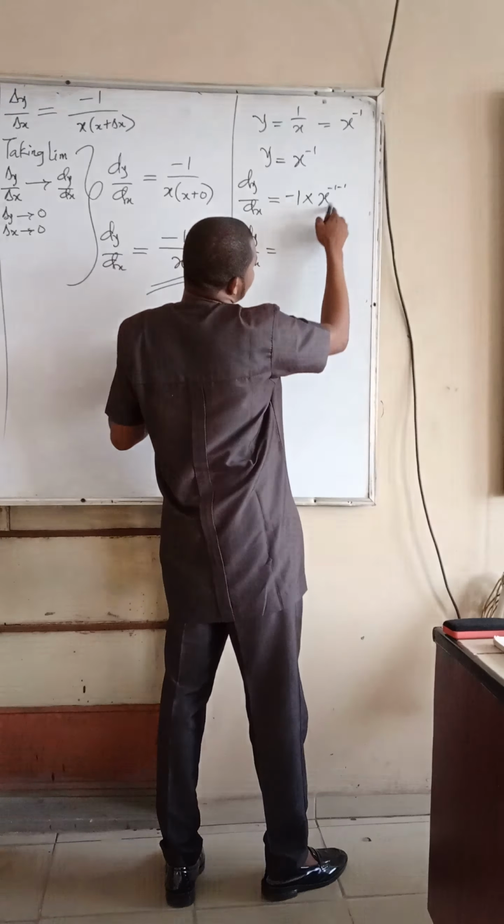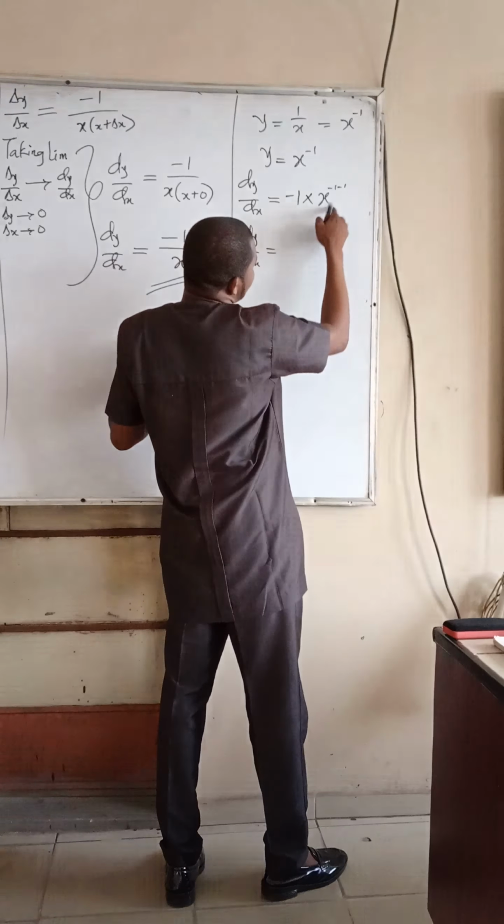This is your answer. But you are not going to leave your answer this way. You must take note of what I'm saying right now. The concept of calculus, especially differentiation, whatever format in which your question came is the format in which you are going to leave your answer.